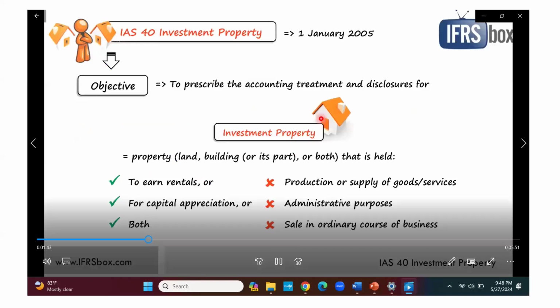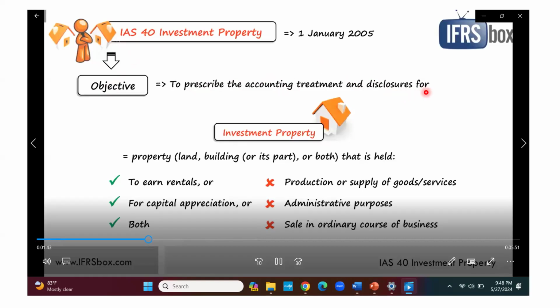Good. Let's move on. What I've said so far has been summarized in the slide for you, friends. The objective of IAS 40 is to prescribe accounting treatments and disclosures for investment property, right?